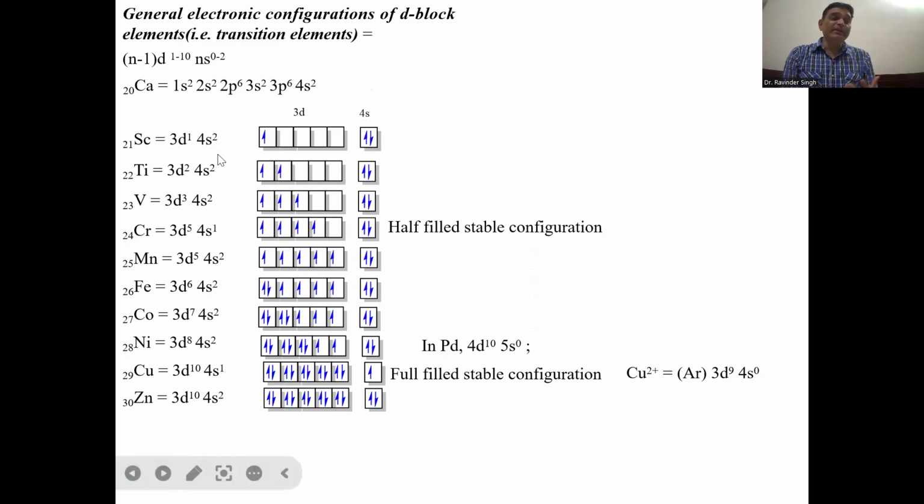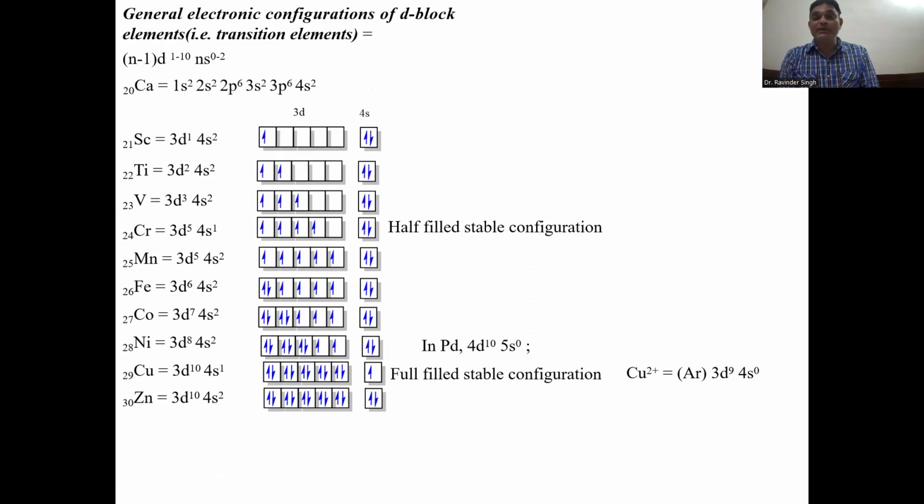After filling, the energy of 4s is less than 3d. But after electrons enter the 3d, they show attraction with the nucleus and come inner to the 4s. The valence shell is now the 4s.